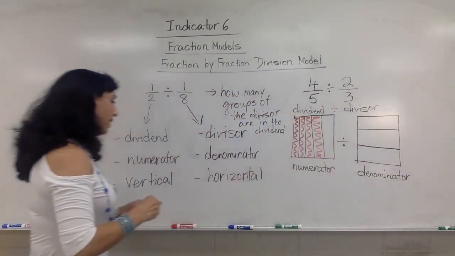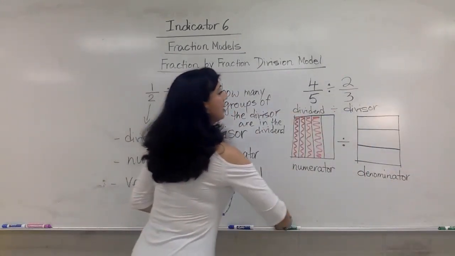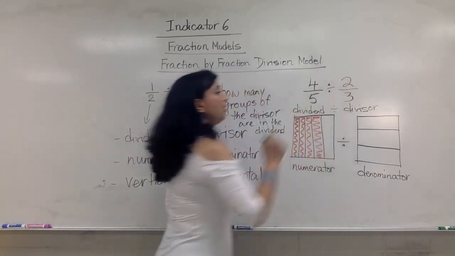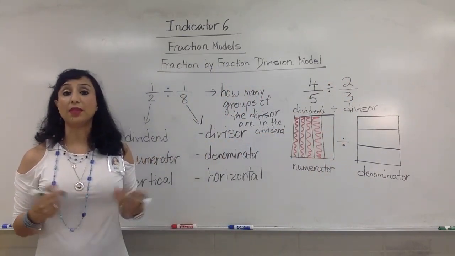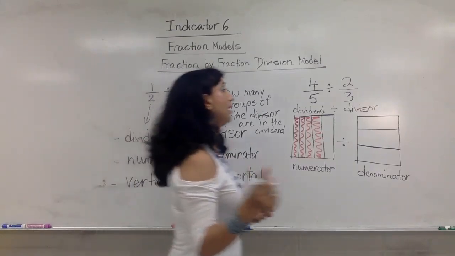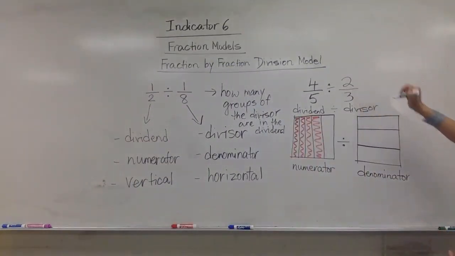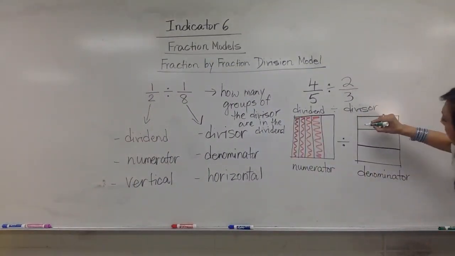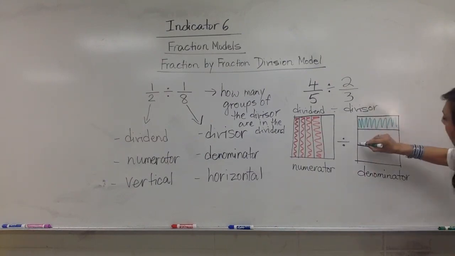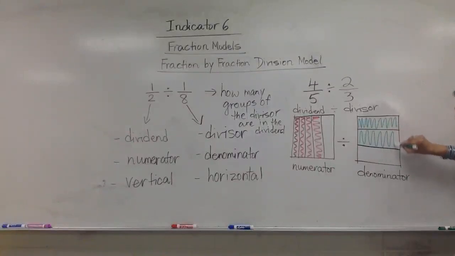And it says that 2 out of 3, that's what I'm dividing by. So I will have to look at my numerator. Since it's 2 out of 3, I am going to color in here's my 1/3, and here is my 2 out of 3.